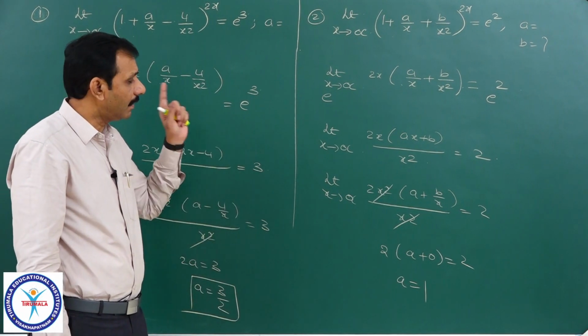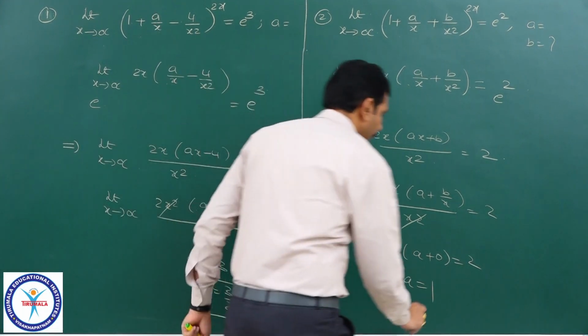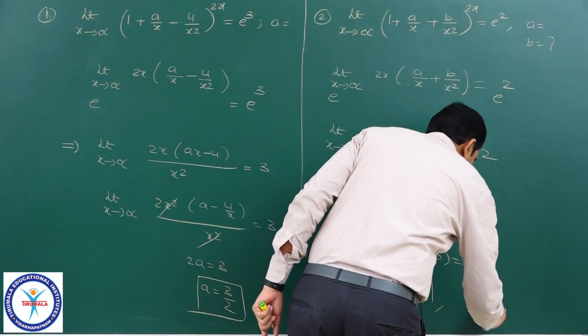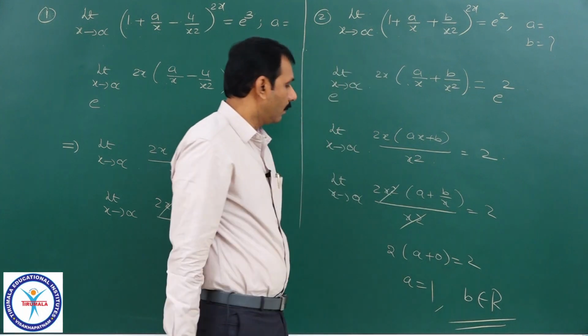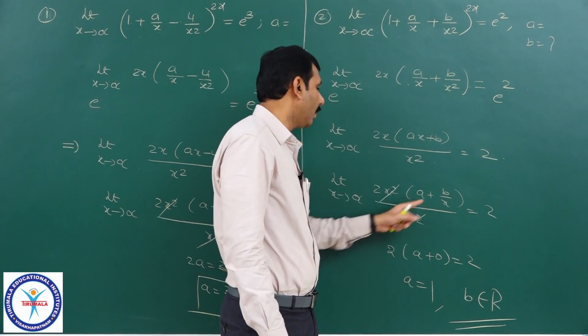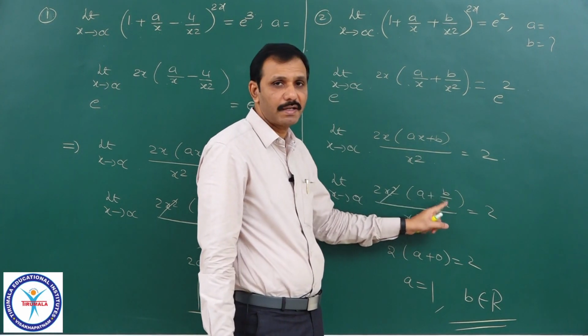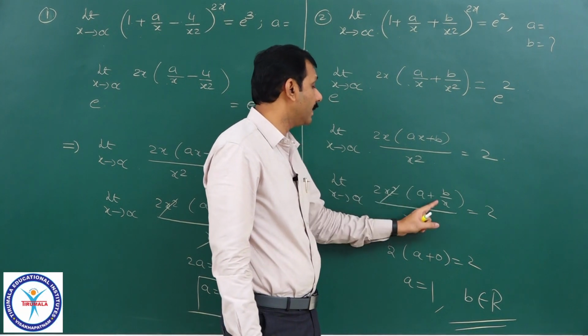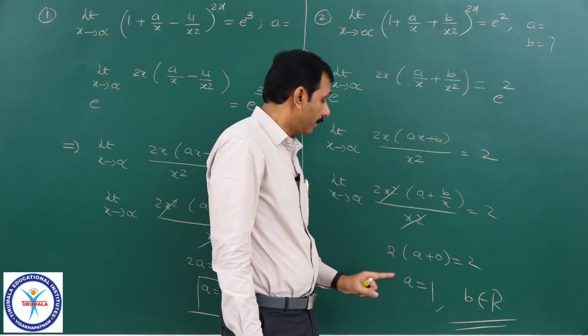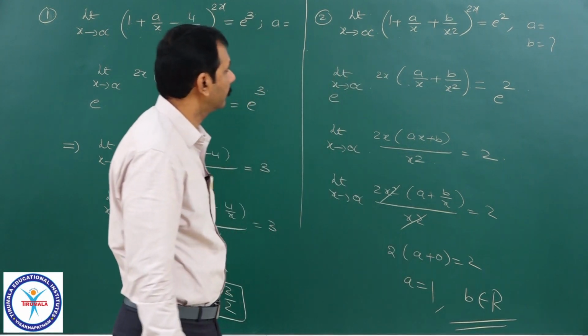And it will not depend on the value of b, so you can take any real value. I can write b belongs to R. It depends on the value of a only. Whatever the value of b, if you take any x in the denominator, as x tends to infinity it will become automatically 0. Therefore, the limit will not depend on b. Therefore, b can be any real number and a equals 1.